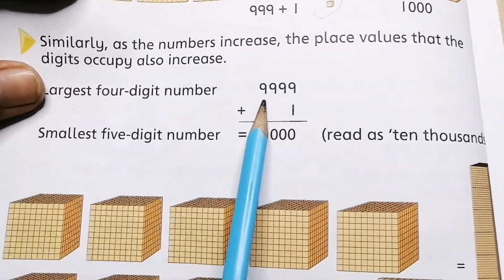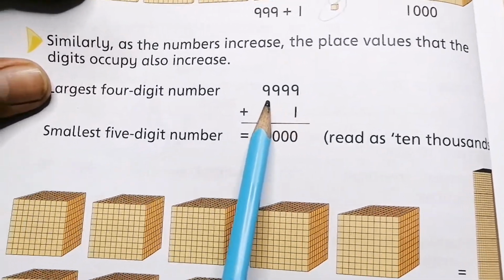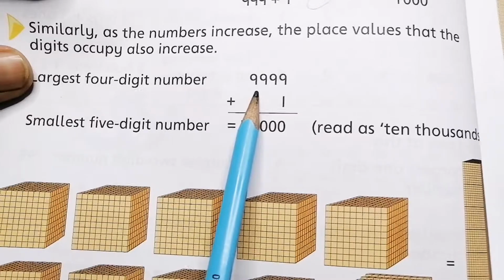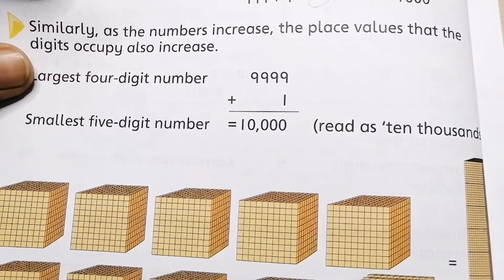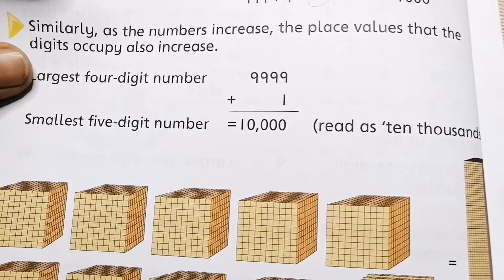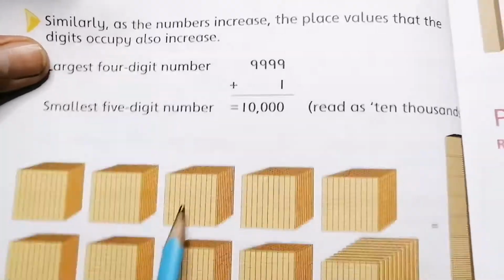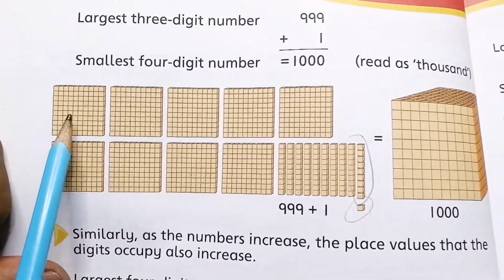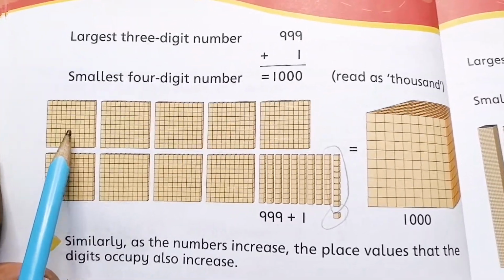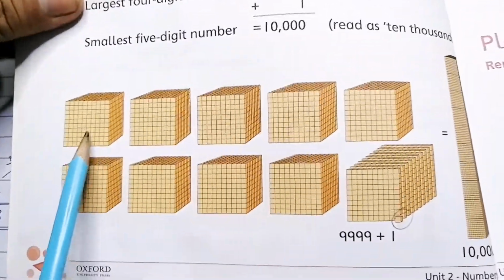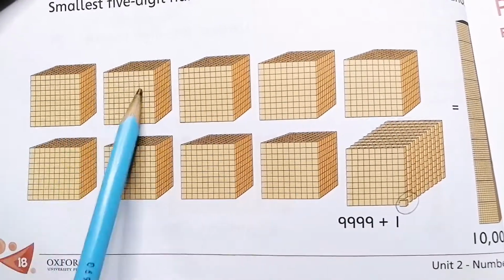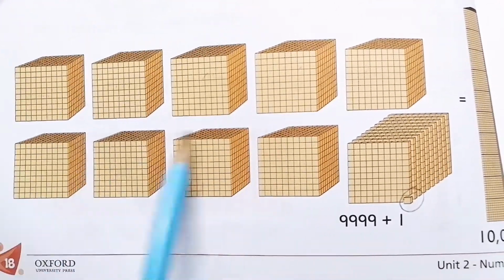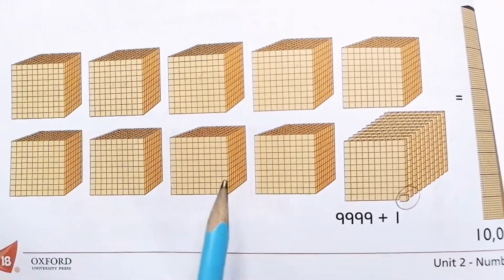Now you have 4 times 9, right? So you have 9999, 1, 2, 3, 4, 5, 6, 7, 8, 9. So these are also boxes. Now these boxes were of 100, each contains 100 boxes. Now this box contains 1000 boxes. 1, 2, 3, 4, 5, 6, 7, 8, 9, so it makes 9000, right?